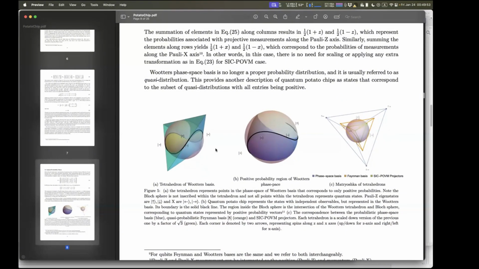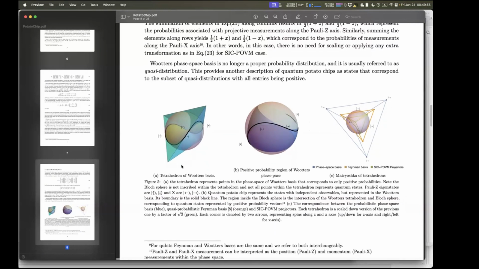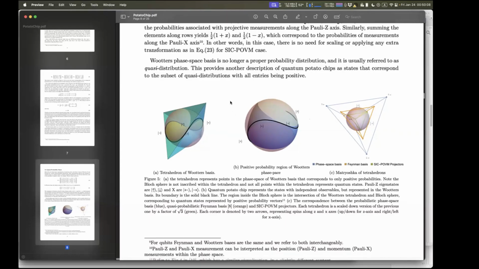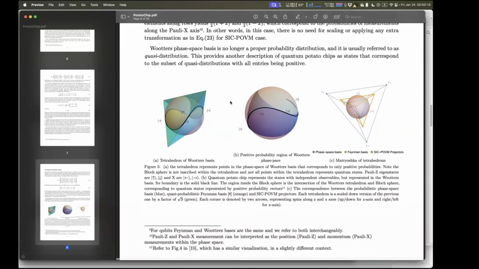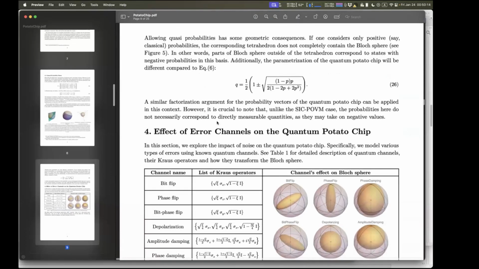This is again the potato chip shape. This is the region that contains all the classical states. There's a notion of classical states for a qubit. You can also compute that and how it relates to that shape, which is just some boundary on it.